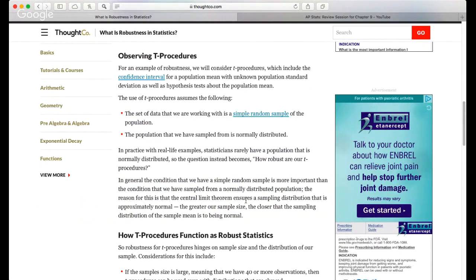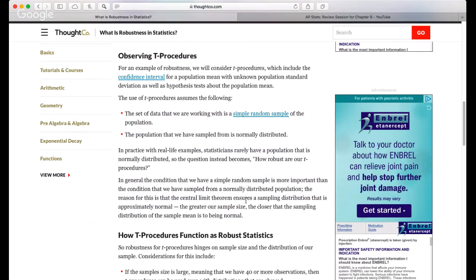That's the term robust: resistant to errors or outliers. We're really focused on that simple random sample. If the population distribution is not approximately normal, which a lot of times it won't be, then we can go to our second condition and say it's approximately normal.